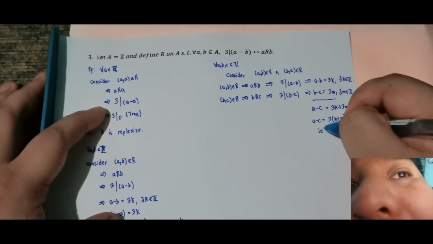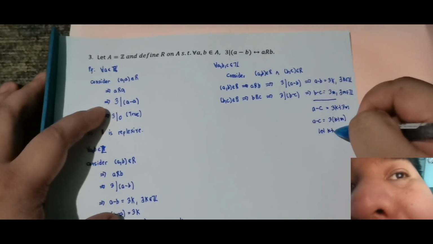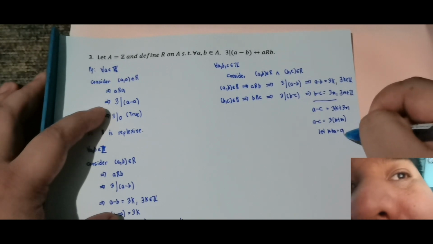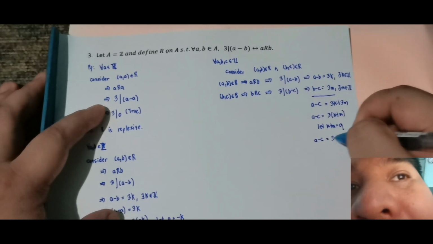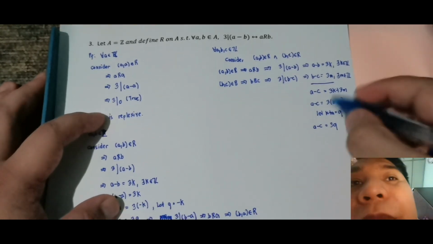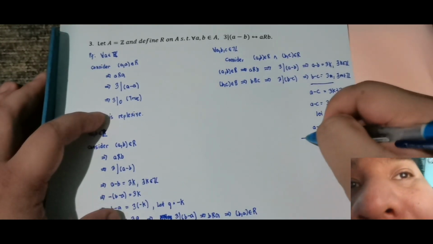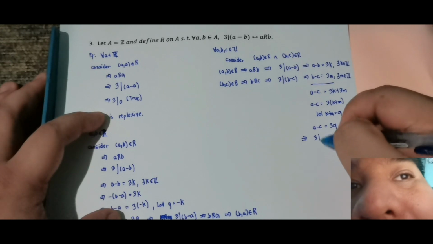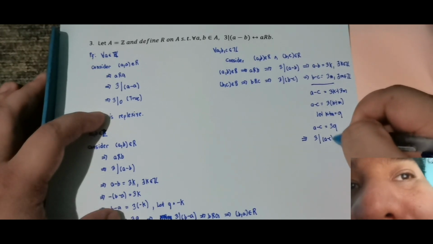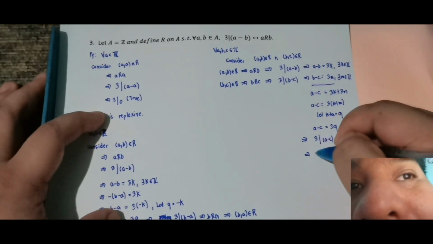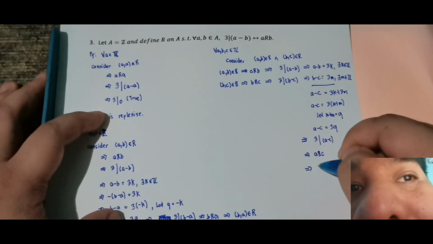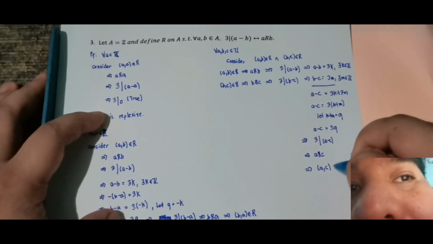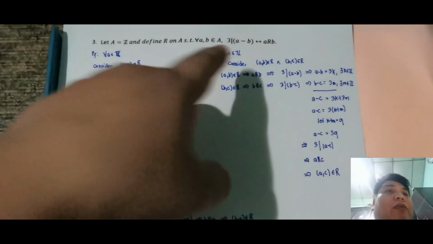So, let K plus M be equal to Q. Therefore, this implies that A minus C is equal to 3Q, which implies that 3 divides A minus C, which implies that A is related to C, which implies that A, C is an element of R, which is yung goal.